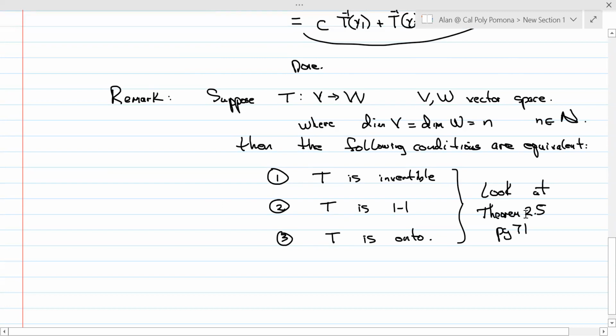That follows from this theorem. T being invertible follows almost immediately because something is invertible if it's 1-to-1 and onto. So if you have this, you certainly have each of these. And if you have either one of these, and it's invertible, then you have the other ones, and then you have all of them. So that's the argument going on here.